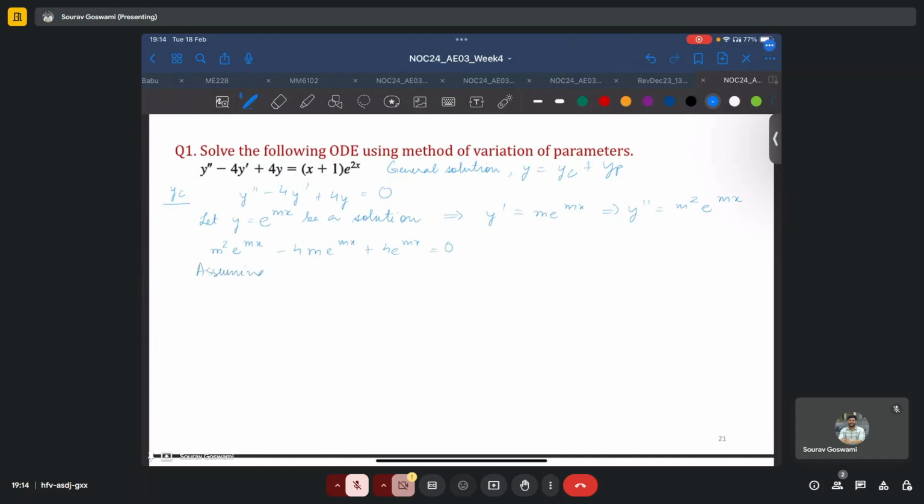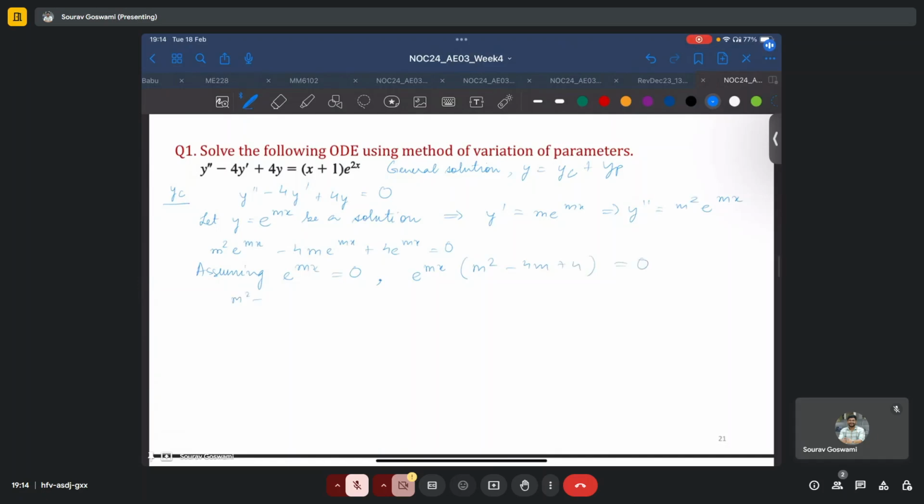Now assuming e power mx is not equal to 0, because then we will just have a trivial solution y equal to 0, we can cancel it from the equation. m square minus 4m plus 4 equal to 0.